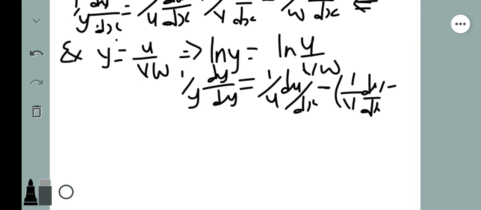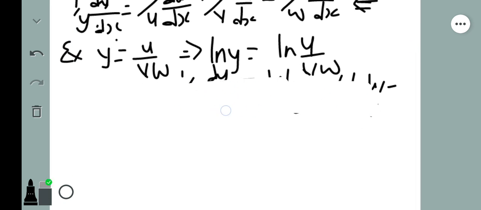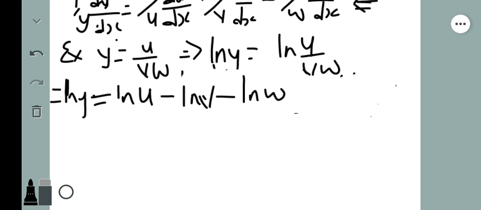Let me write it more properly. Let's say ln y equals ln u over vw. Give me ln u minus, because this is just like log u over, this will give me log u minus everything here is plus.